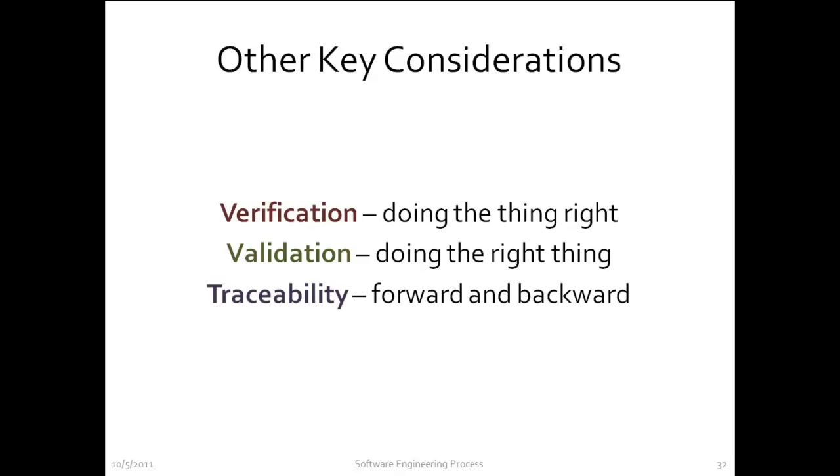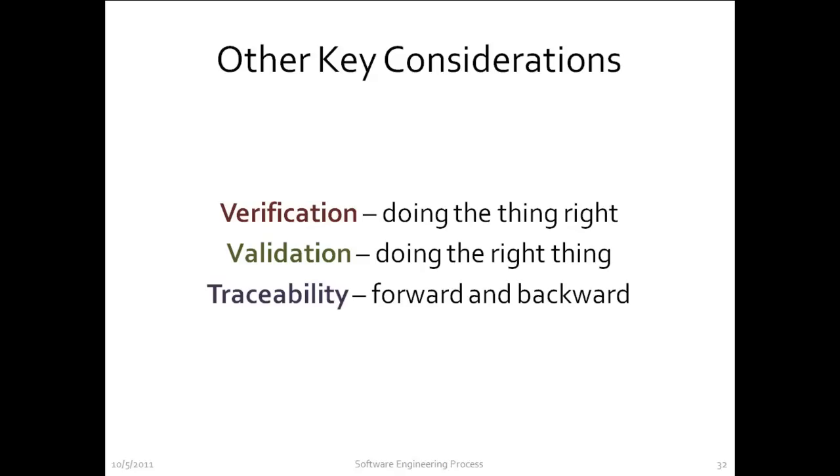Validation cares about whether what you built or did was the right thing to do. So for example, if a doctor were injecting a drug, verification is all about whether the needle was sterilized, that the patient was anesthetized, the doctor washed his hands, etc. Validation, on the other hand, is whether the patient had a better medical outcome, that is, the patient was cured or at least wasn't killed because of the drug.